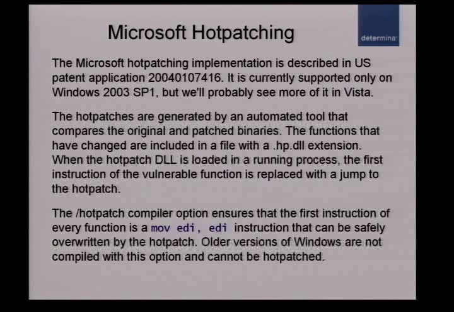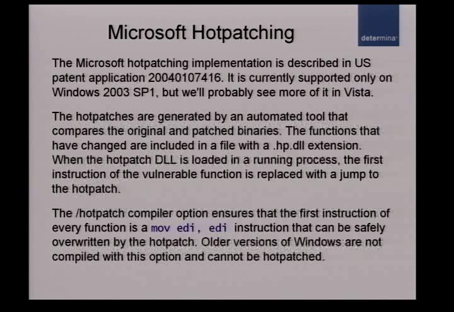In Visual Studio 2005, there is a new compiler option called /hotpatch, which adds the mov edi, edi instruction in the beginning of every function. This is a 2-byte instruction that basically acts as a no-op. Also, if you use that compiler option, every function will have 5 bytes of padding before it, padding that is not used.